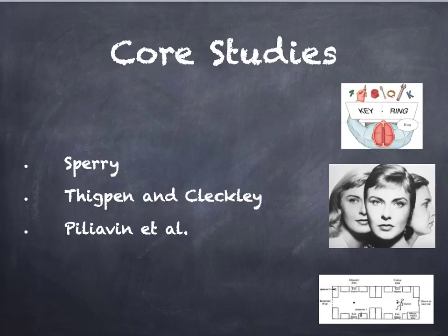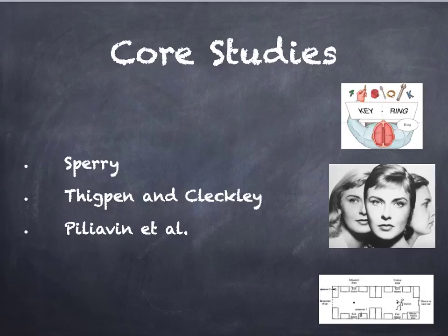For each of those studies, I want you to find 2 examples. One example should be qualitative data that was collected, and the other example should be a piece of quantitative data that was collected. So for each of them, you will have 2 bits of data, one qualitative, one quantitative.